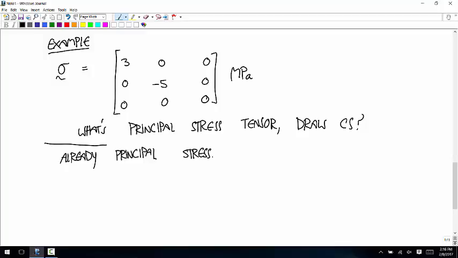Think of that as the physical definition of principal stress, because the tractions on every face are normal, which means there are none of those off-diagonal elements.